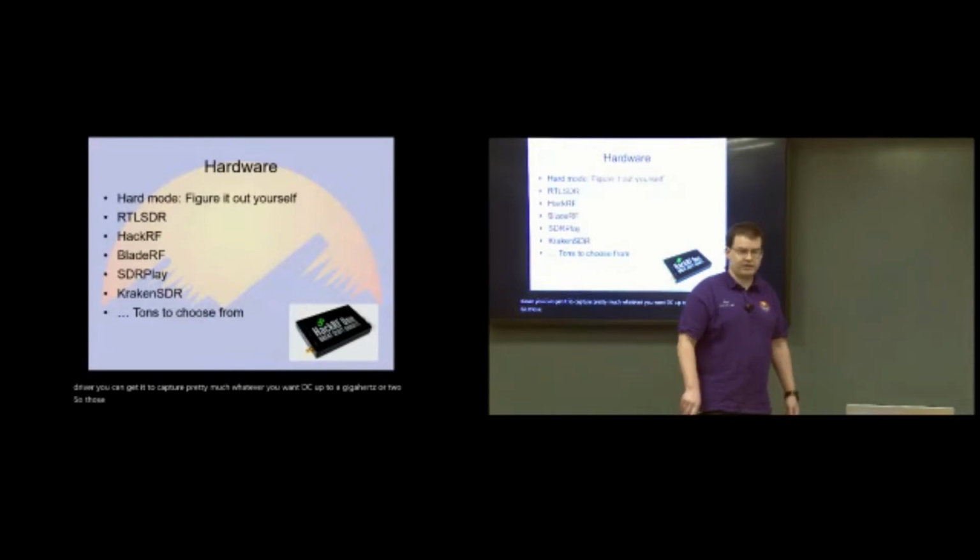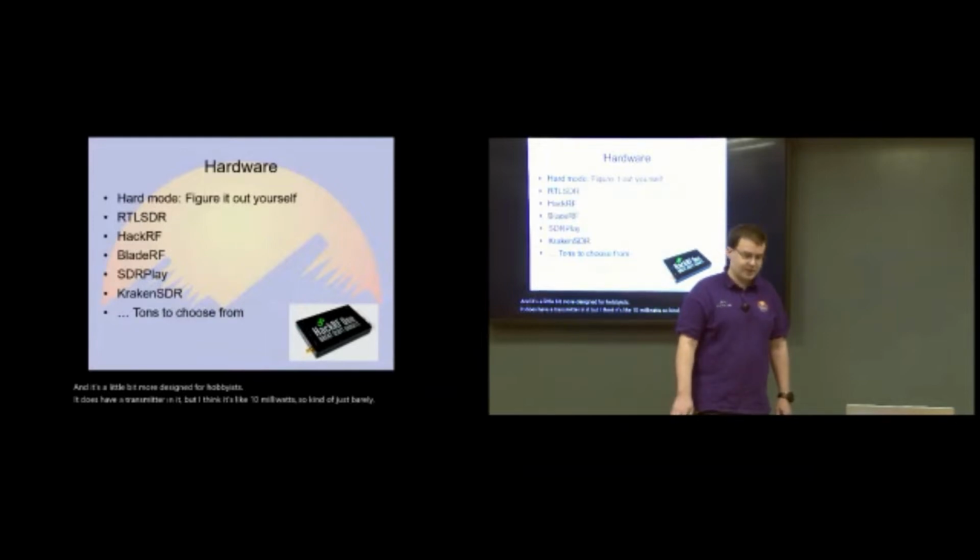HackRF was, I think, born in Denver and is a little bit more designed for hobbyists. It does have a transmitter in it, but I think it's like 10 milliwatts, so kind of just barely. The BladeRF stuff, about $1,000, but you can get multiple tuners, transmitter. SDRplay, I think John's going to talk about in a little while.